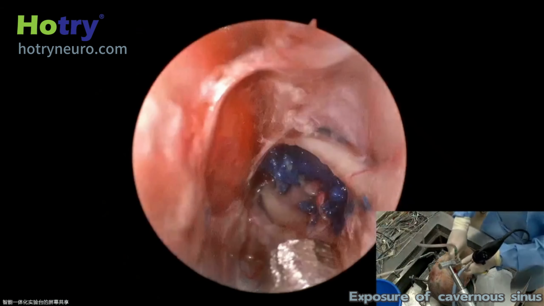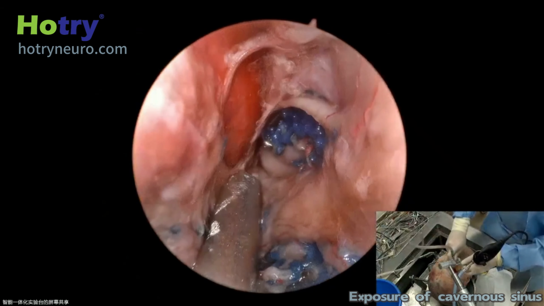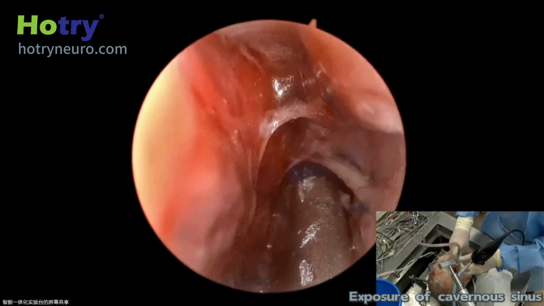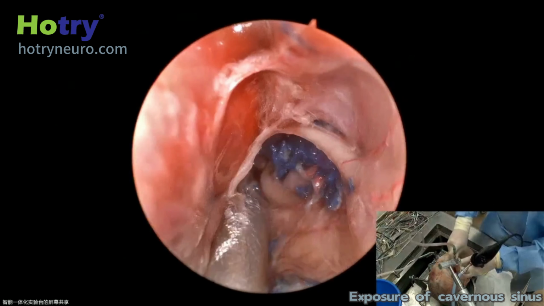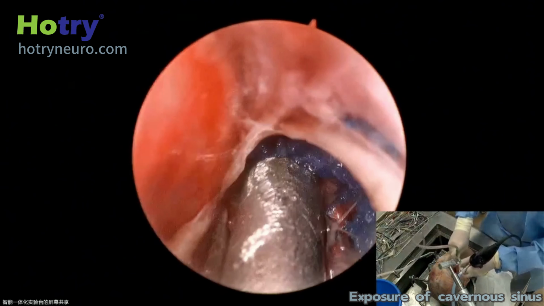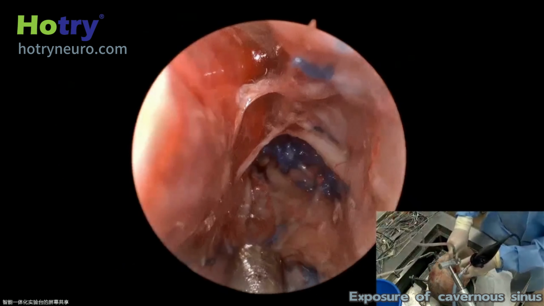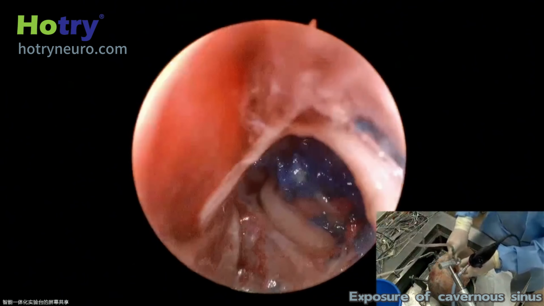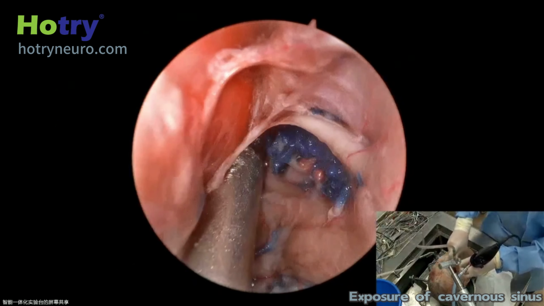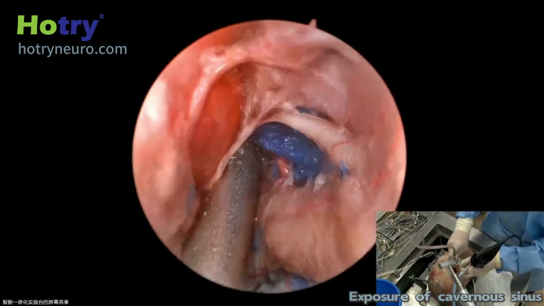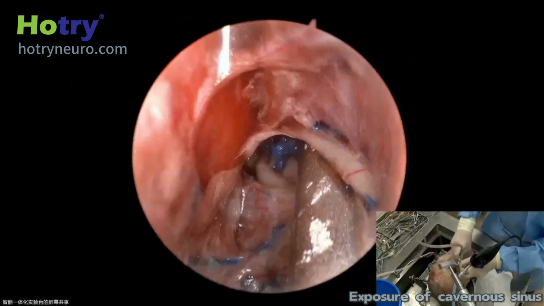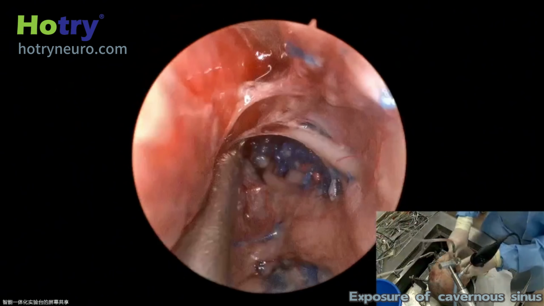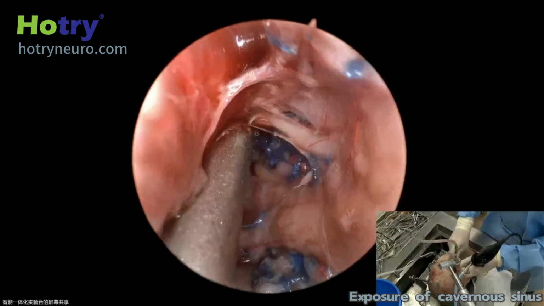With this approach, you can reach the lateral inferior compartment of the cavernous sinus. You see better now. So again, this is the fourth, V1, and the sixth. I just need to remove the cast very carefully in order not to break the nerves.